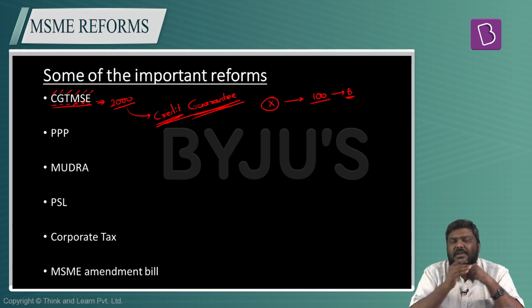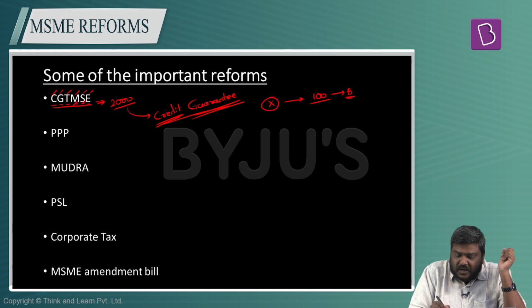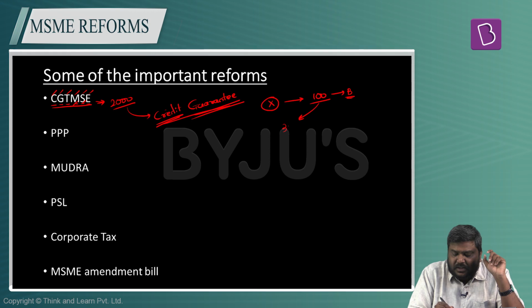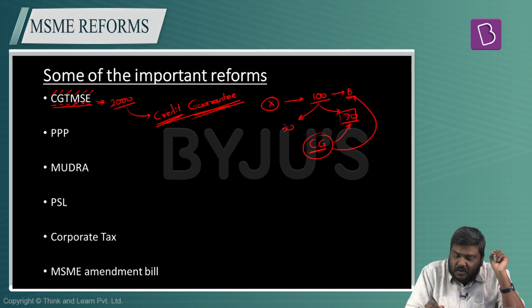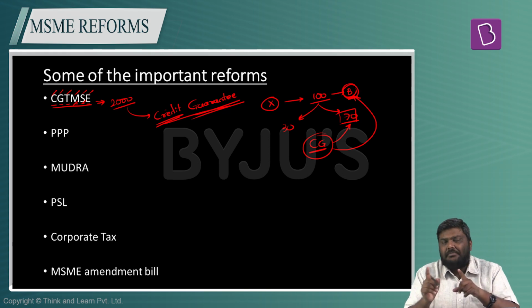I'm a micro enterprise, and out of this 100 rupees, after paying 30 rupees, I've defaulted on 70 rupees. Now the credit guarantee trust fund will ensure that out of this 70 rupees, it will provide some of it in the form of a recovery or credit guarantee to this particular bank.